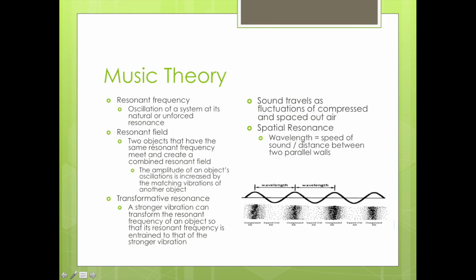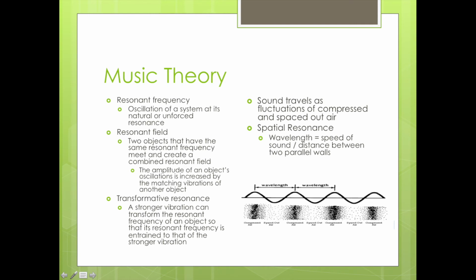So here's a little bit of music theory for you. A resonant frequency is the oscillation of a system at its natural or unforced resonance. So a resonant field occurs when two objects that have the same resonant frequency meet and create a combined resonant field.